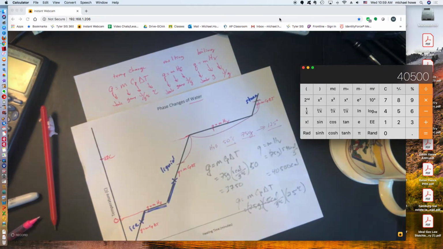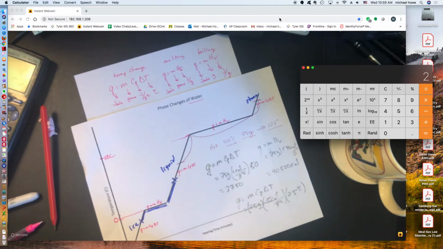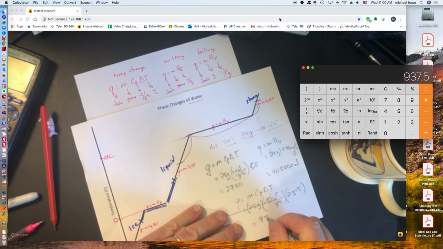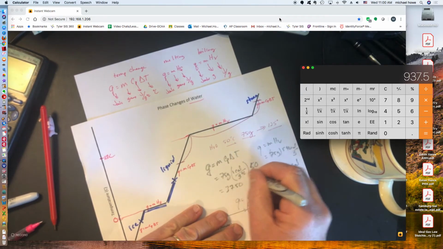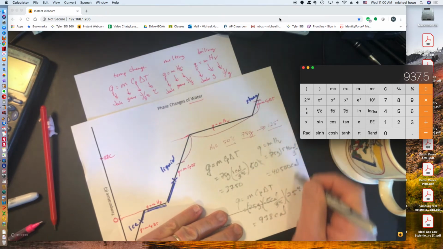So we end up with 75 times 0.5 times 25, 938 we'll call it, 938 calories. Now you're noticing all these units are canceling except for calories.